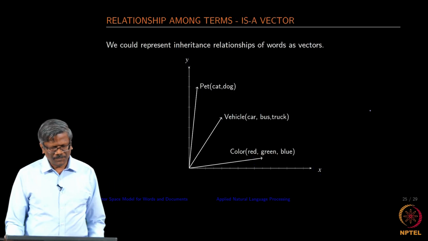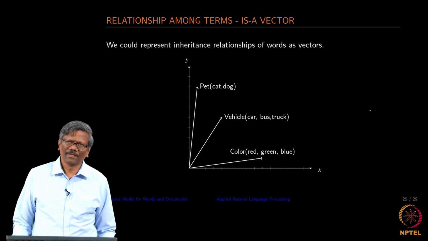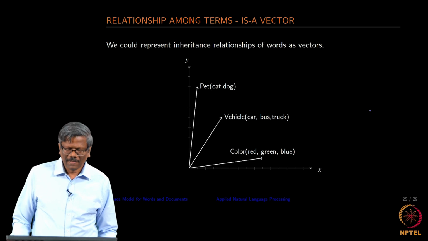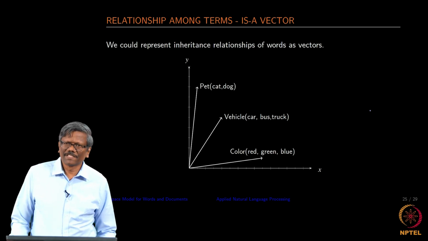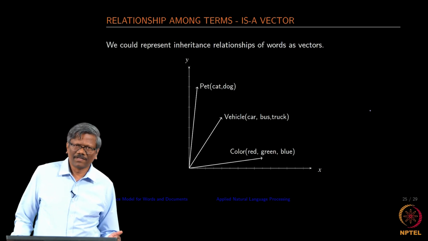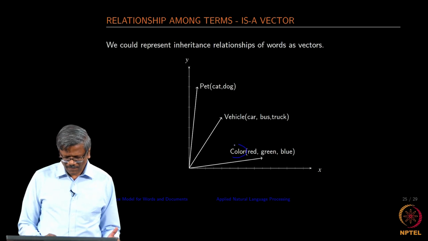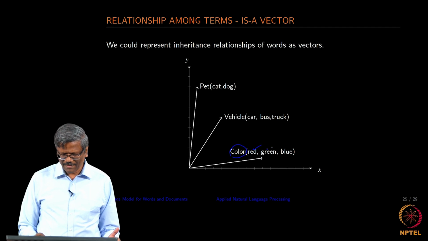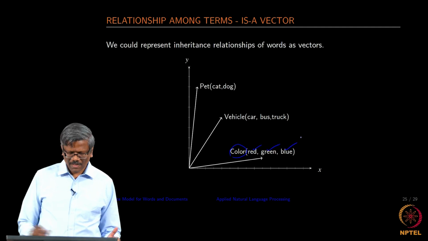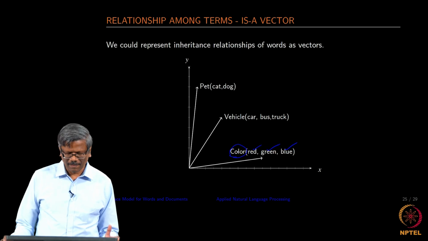Okay. And then we can also use another relationship called is-a vector. Is-a vector is something which tries to find out terms which can be represented by is-a. For example, if you look at color, red is a color, green is a color, blue is a color. So, I can just use one axis to represent the color.